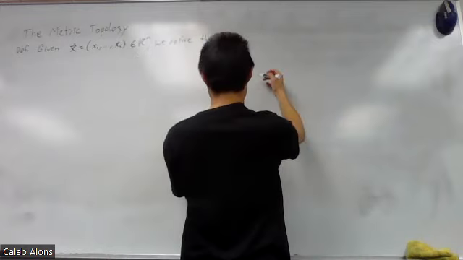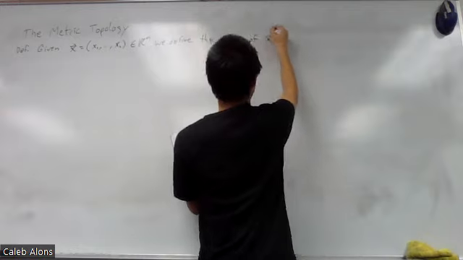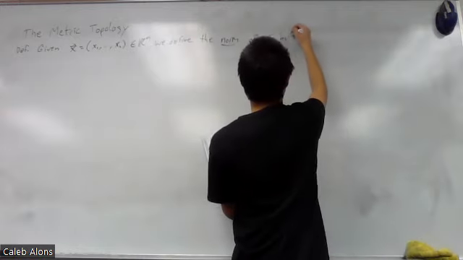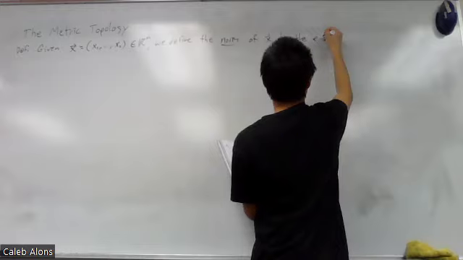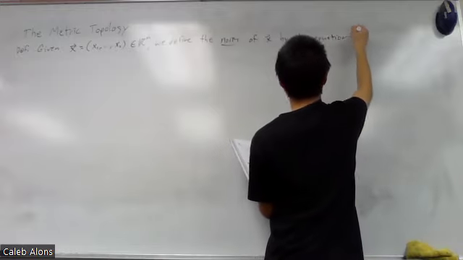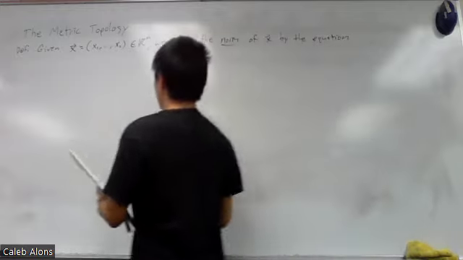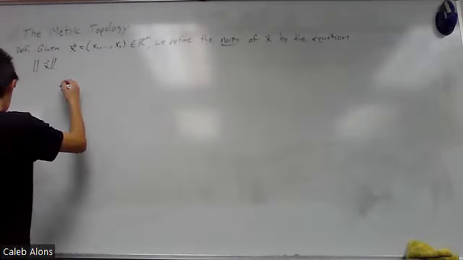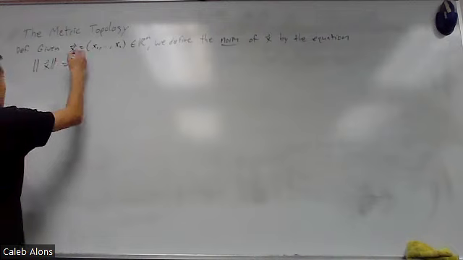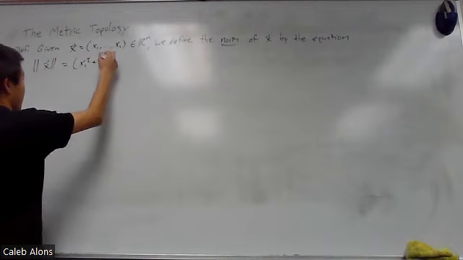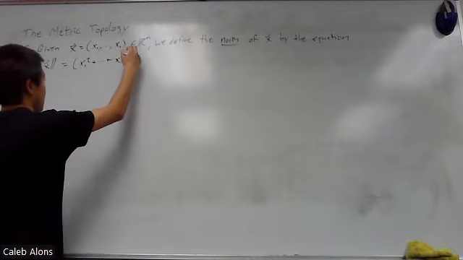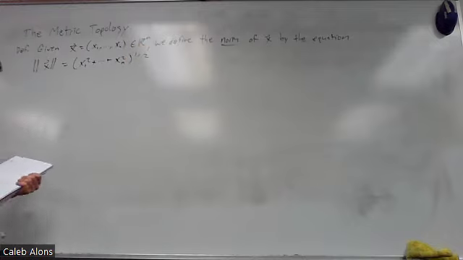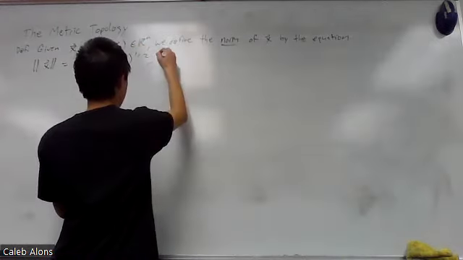The norm of x by the equation: norm of x is basically x1 squared plus all the way through xn squared, and then take the square root of that.